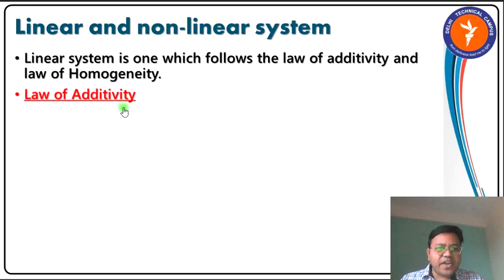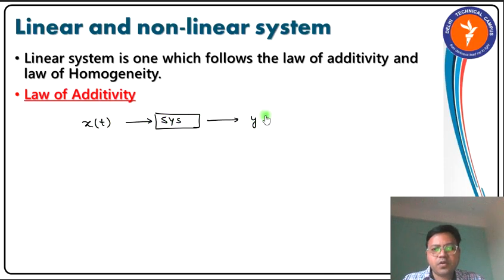What does this law of additivity say? Say we have a system which is excited by x(t), and it is producing the output y(t). Now instead of x(t), let me say the same system is excited by x1(t).